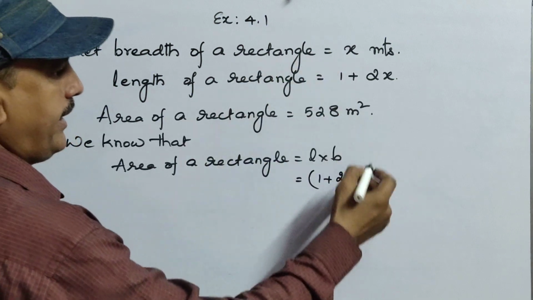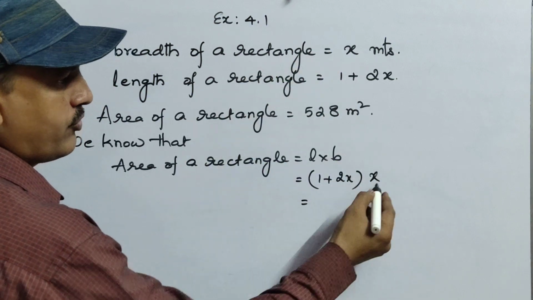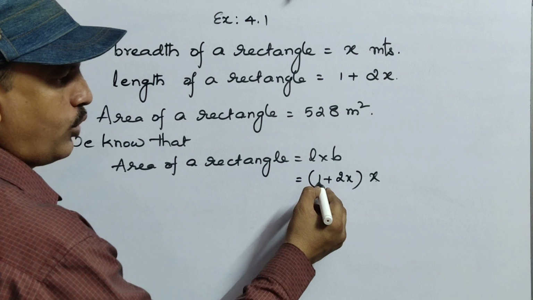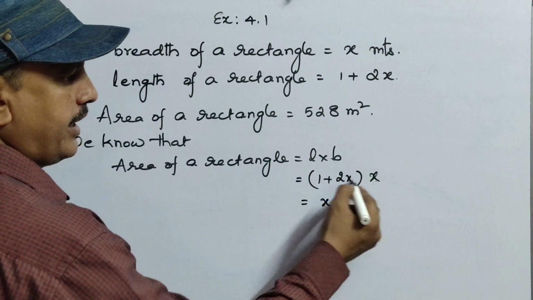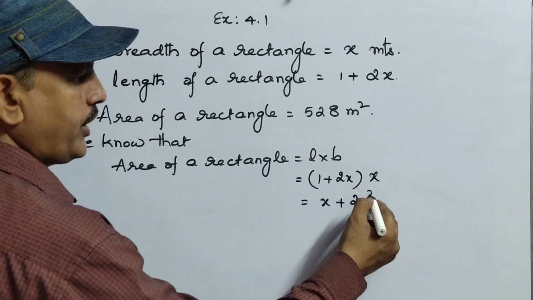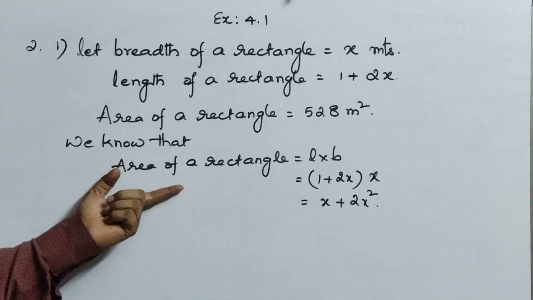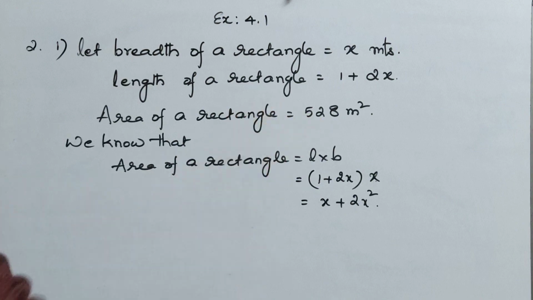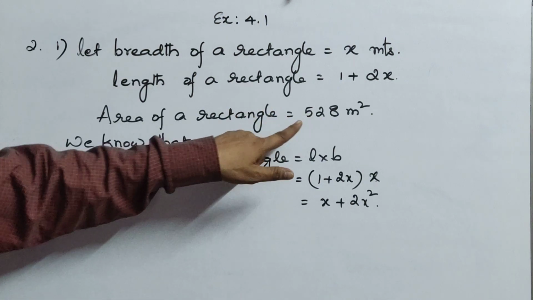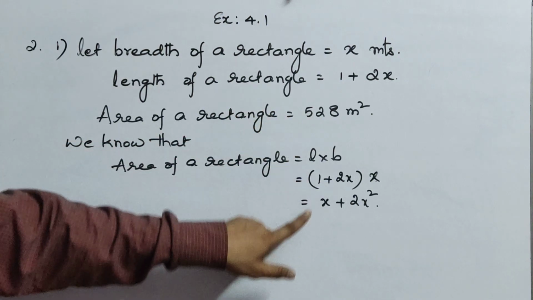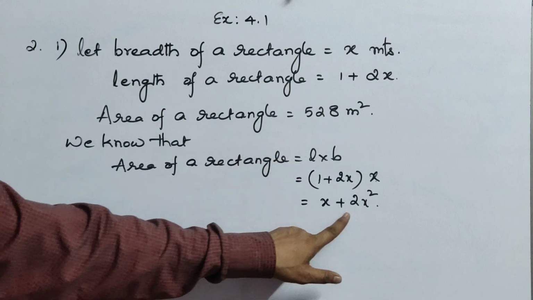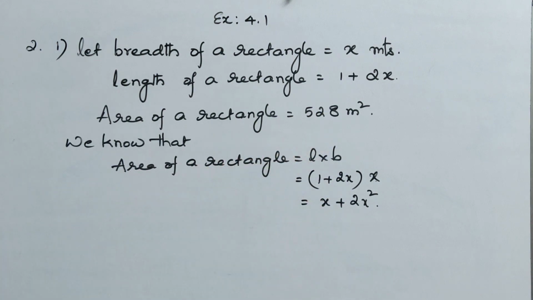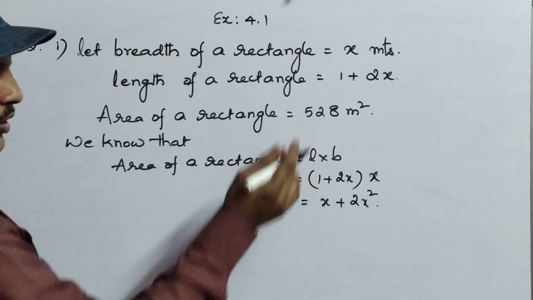Breadth means how much? x. Now simplify it: x into 1 is x, plus x into 2x is 2x square. Now you have the area of the rectangle as x plus 2x square, and the given area of the rectangle is 528 meters square. These both are equal.